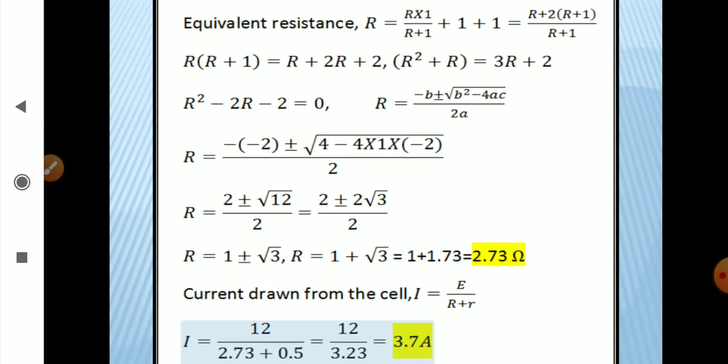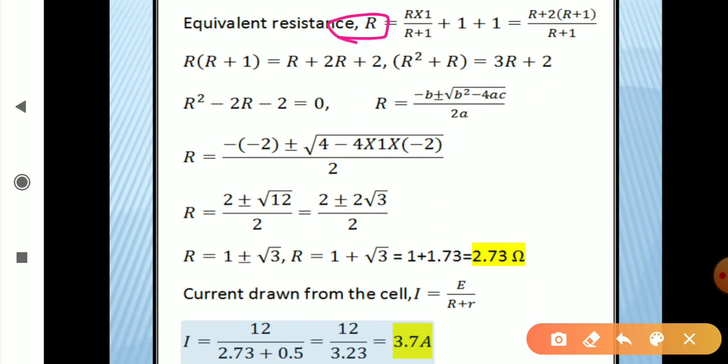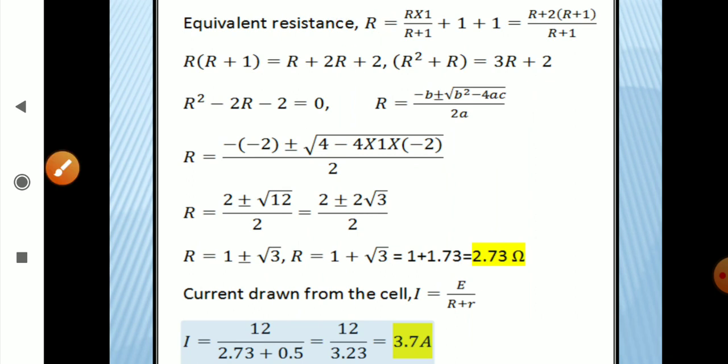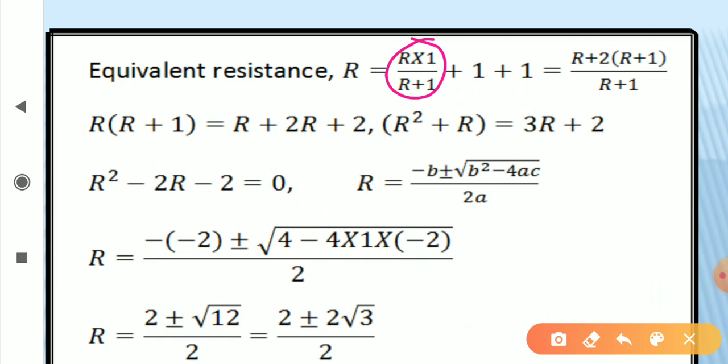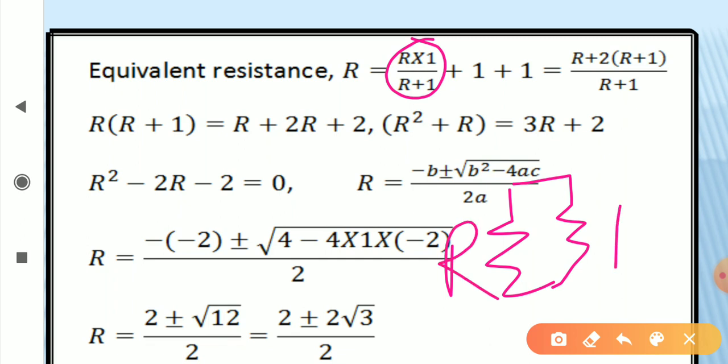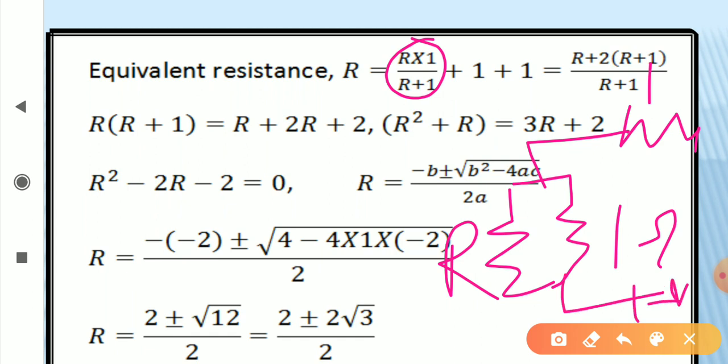So we'll find the equivalent resistance of this network now. The equivalent resistance will remain R only, as I told you, and this is equal to the parallel combination. I'm just drawing it once again here: R, and here 1, and here also 1, right?